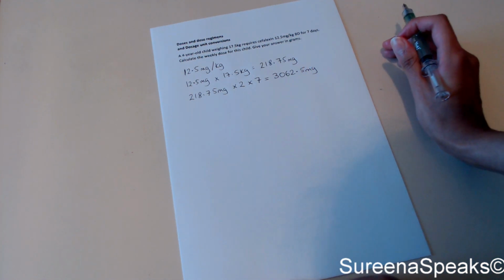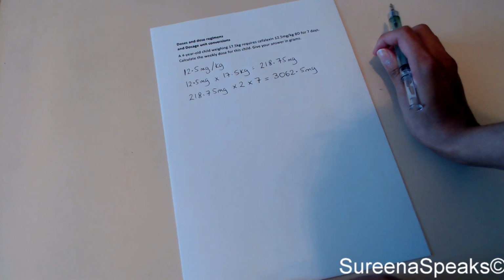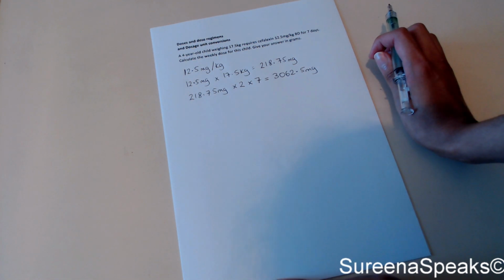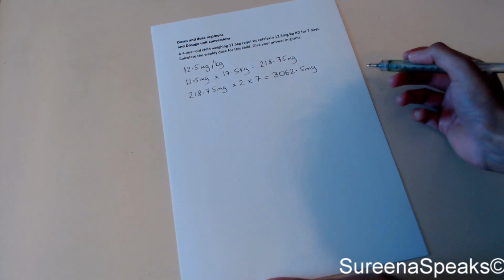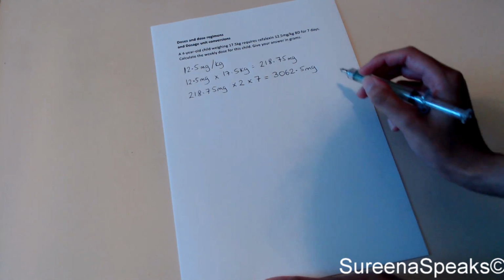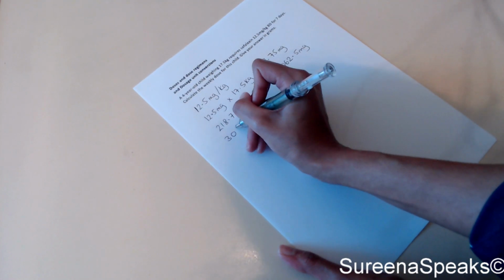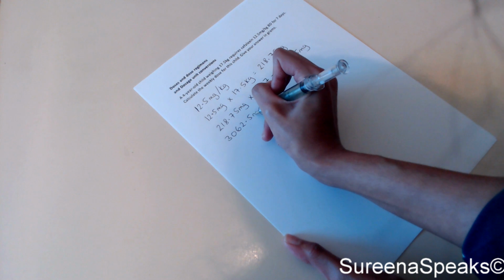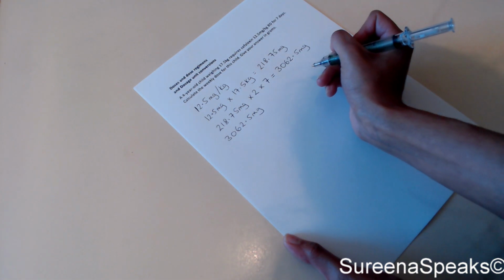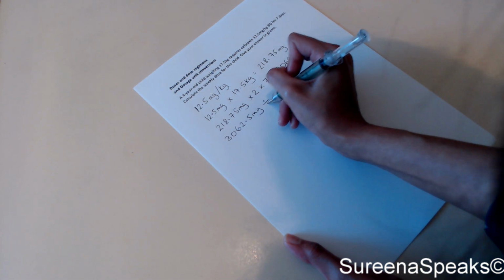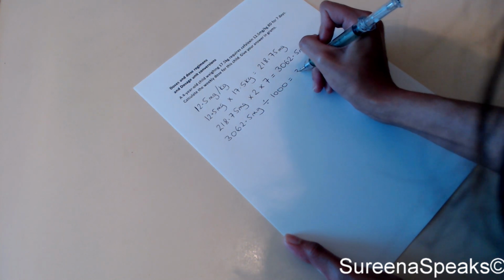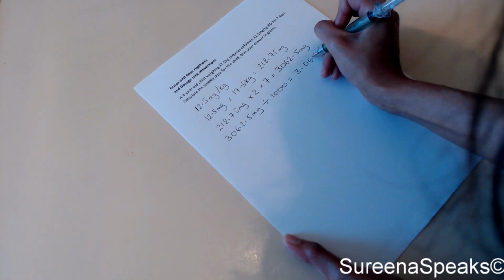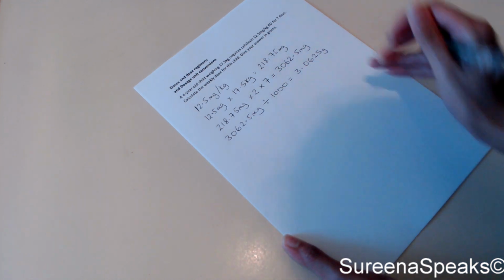So it's so important that you actually read carefully what units they want you to give the answer in. Don't lose out crucial marks on little things like that. So if we've got 3,062.5 milligrams, to convert to grams, we're going to have to divide by 1,000 to leave us with 3.0625 grams.